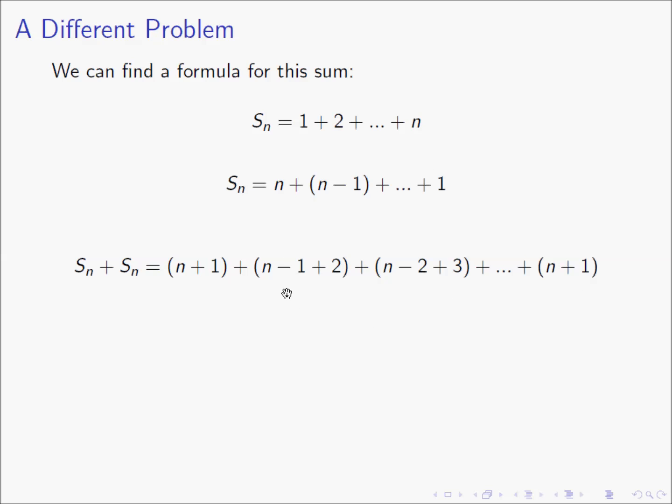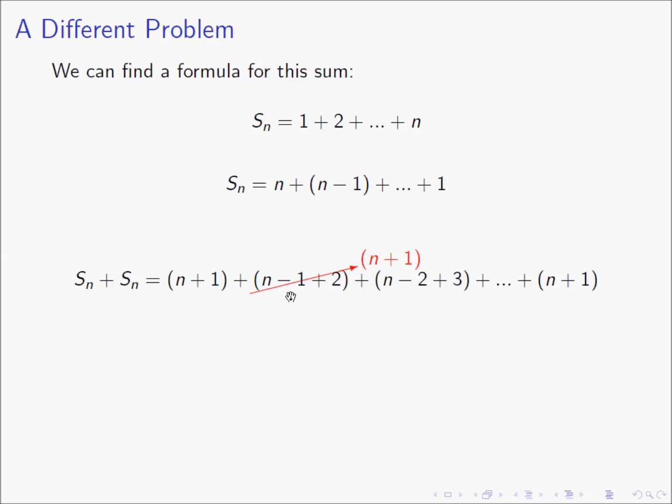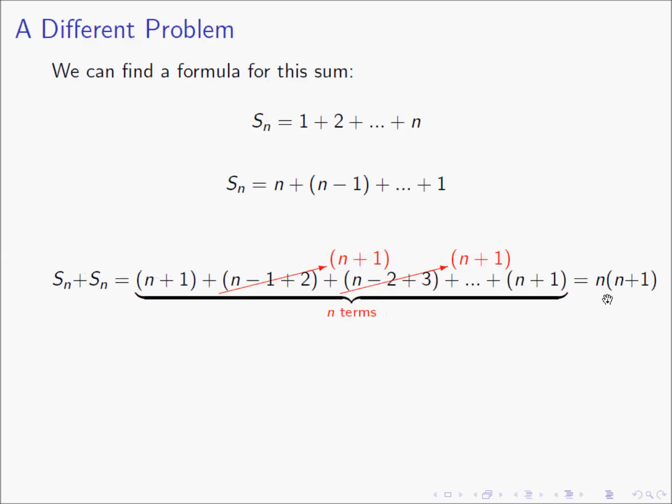And we see that each of these terms is also n plus 1. So what we really have here is n terms that all equal n plus 1. So we can write this as n times (n plus 1). And on the other side of the equation we have 2Sn. And we can solve for Sn, that is the sum, and you get this closed formula for the sum of an arithmetic progression like this.